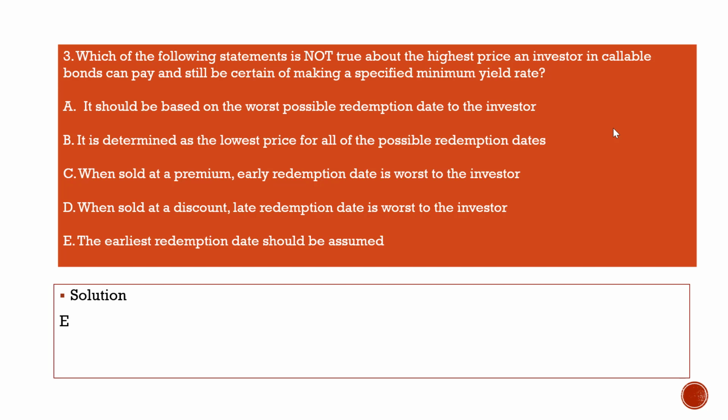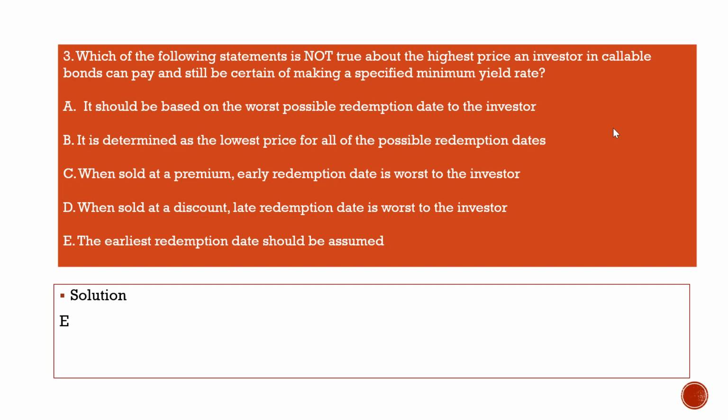This is true because when we consider when the bond should be called to have either maximum or minimum yield rate, we think about whether it's a premium or discount bond to figure out the worst possible redemption date and the best possible redemption date. So A is correct. B, they determine it as the lowest price for all the possible redemption dates. This is not correct because the lower price sometimes does not guarantee a minimum yield rate, a minimum specified yield rate.